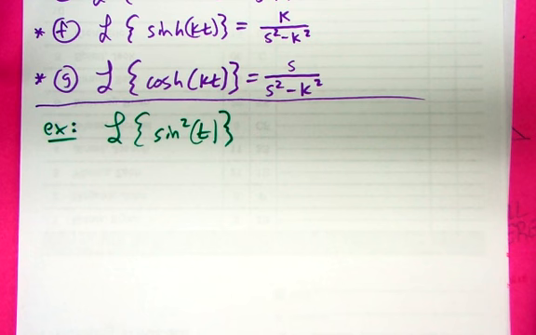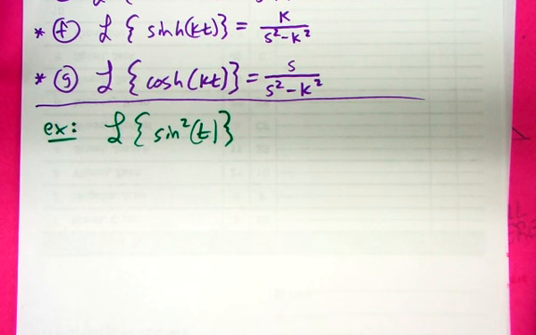Well, I don't know the identity, but... Sure you do. You passed Calc 3, right? Well enough. It's one of the double angle identities. It's one minus... minus or plus? One half minus one half.